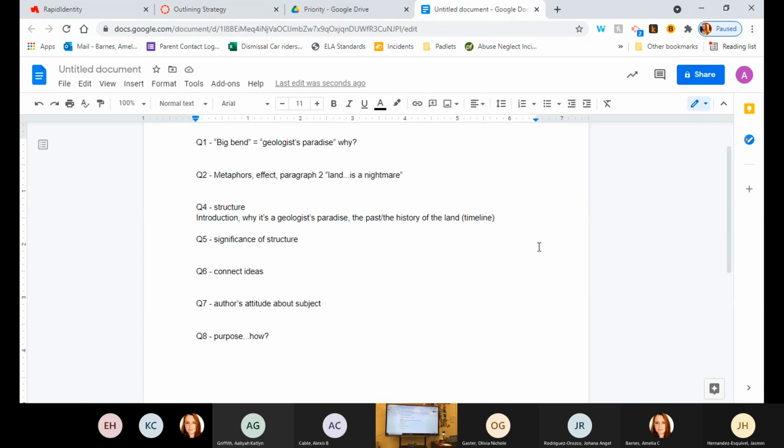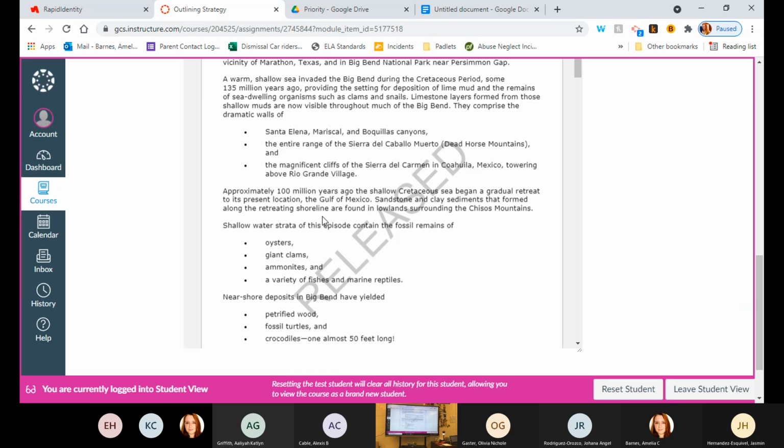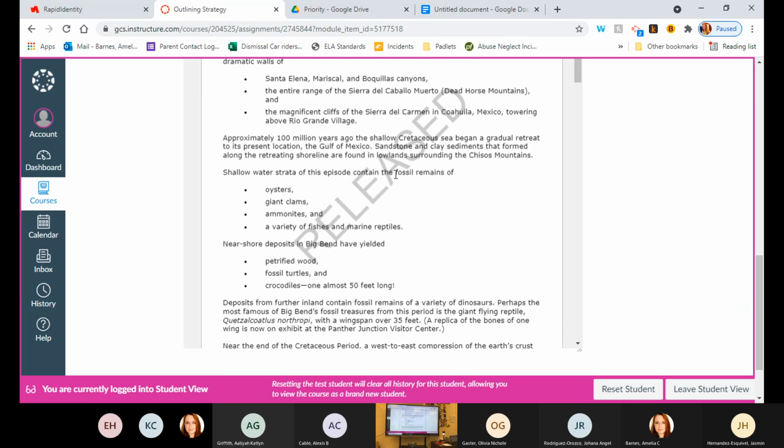Okay, so what other land features are part of it? So we get that information. Then it says, the shallow water strata of this episode contain the fossil remains of, and we list all of this stuff.